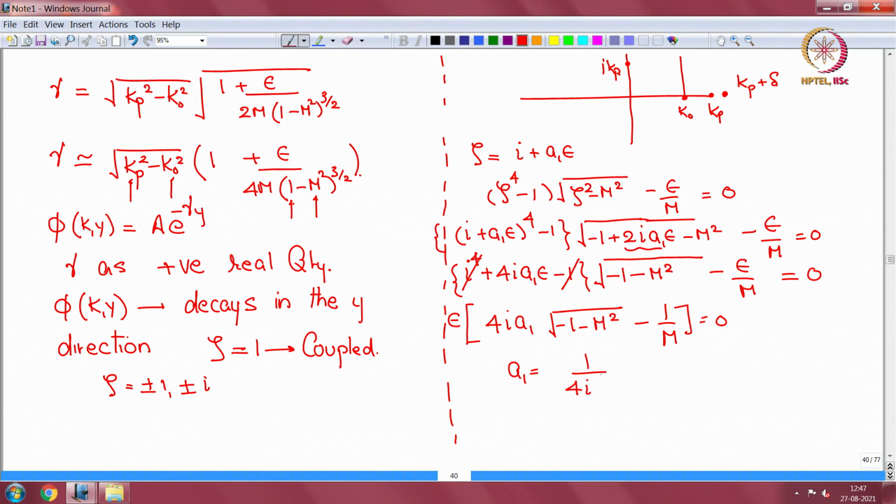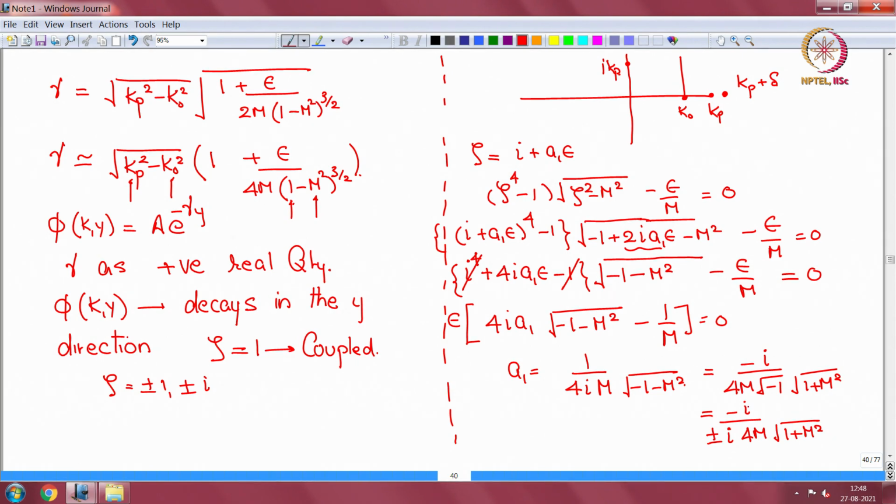1 over 4i m square root of minus 1 minus m square, or this is equal to minus i by 4m root over minus 1, square root of 1 plus m square, or finally plus minus i by 4m root over 1 plus m square.